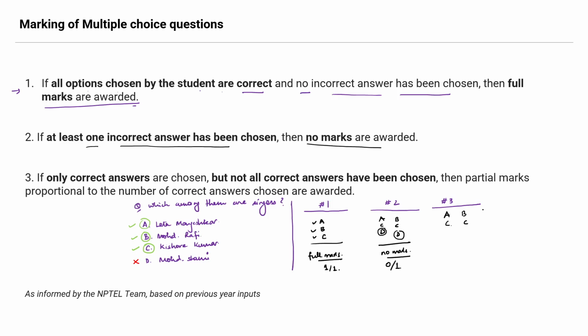If I select A and B and submit, or if I select A, B, or C and submit, in all these scenarios, I've not selected D as any option, which means I'll be qualified to get proportional marks. So in these scenarios, probably I will get 0.66. In this scenario, probably I'll get 0.33 out of 1.